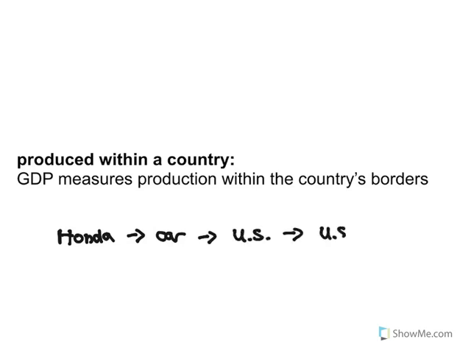So it would count for the United States GDP, even though Honda here is a company that's located in Japan, outside of the United States. But the car itself, if the actual car gets made in the United States, doesn't matter by who, so long as it's made in the United States, it's included in the United States GDP.